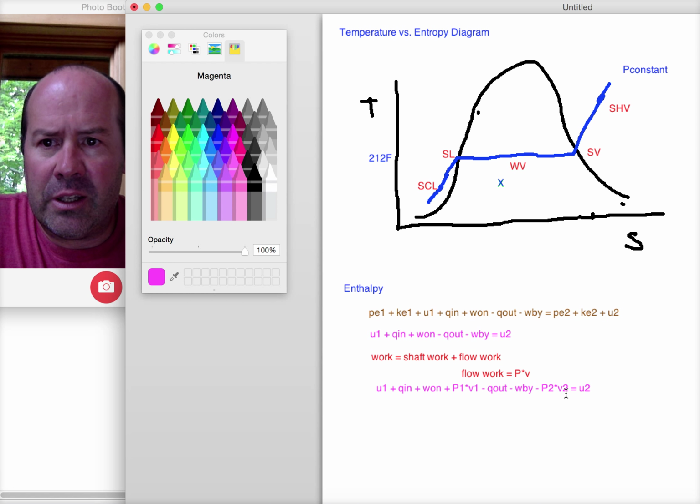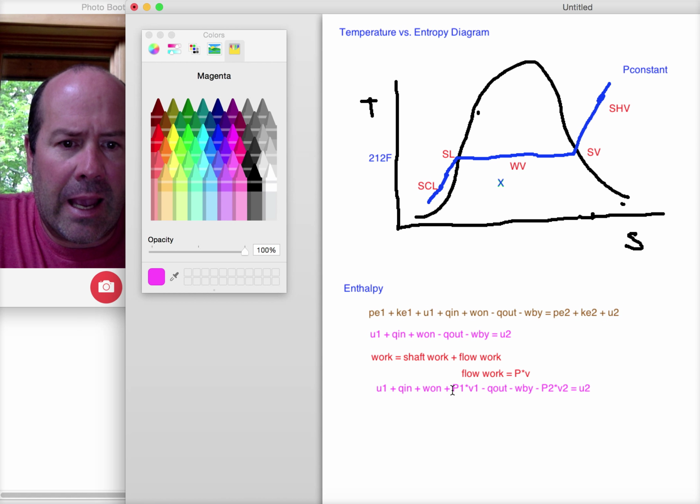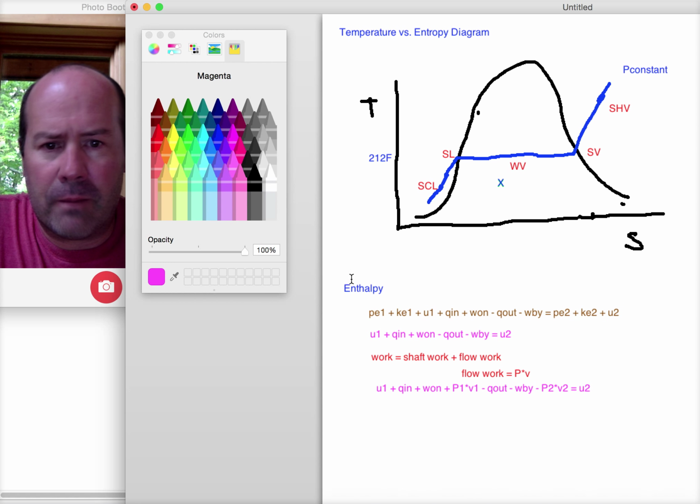Enthalpy is a convenient grouping of the internal energy and the flow work. Let's type that in.